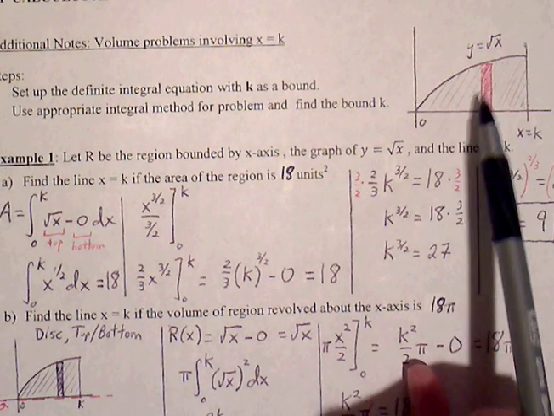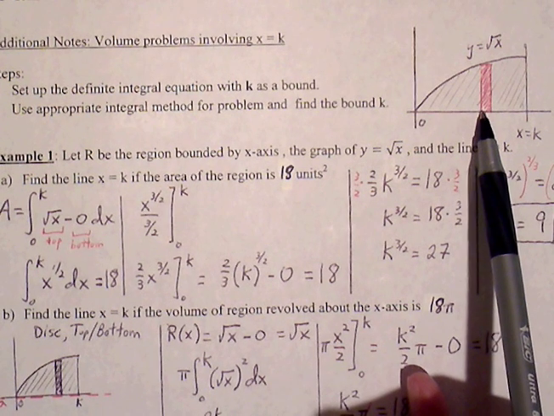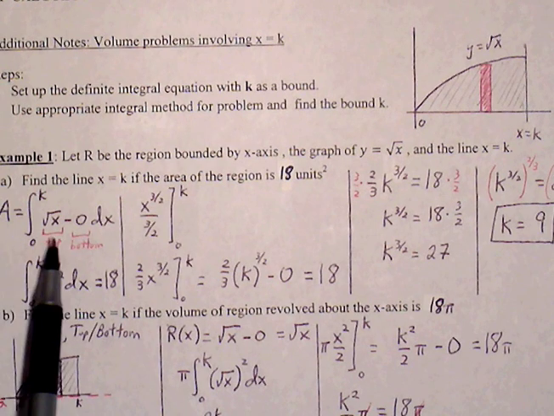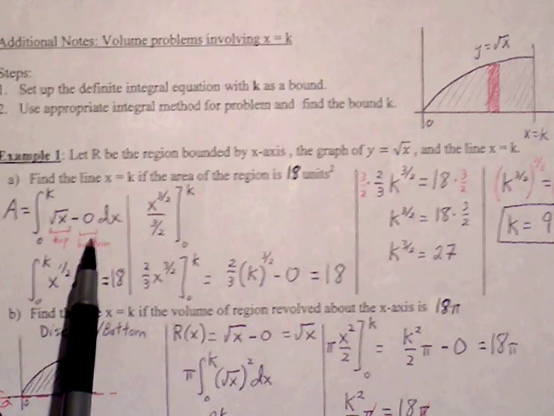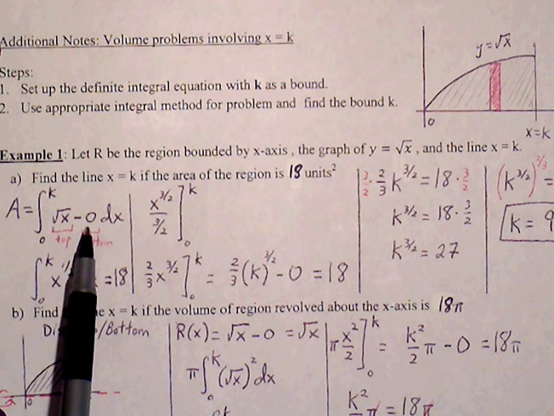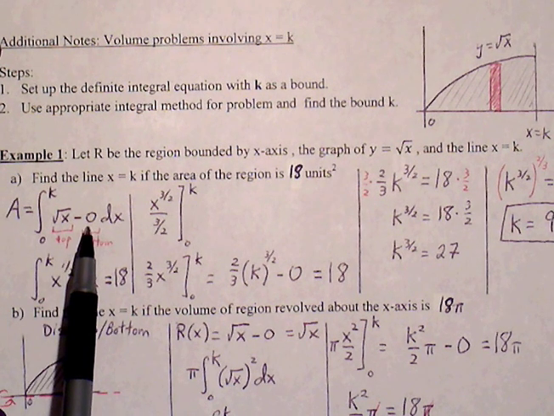So we do top minus bottom because we have vertical rectangles here. Top graph is root x, bottom graph is 0. Subtract those, and the 0 just goes away. We're left with square root of x.